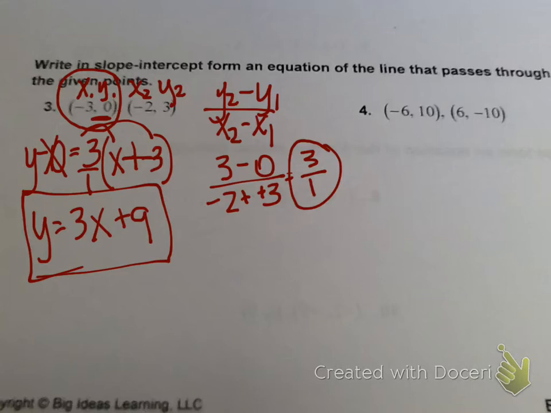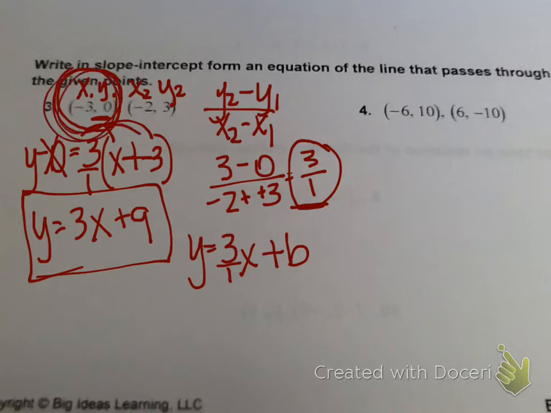Or I can take this slope, say y equals 3x plus b, and fill in one of my sets of points for x and y.